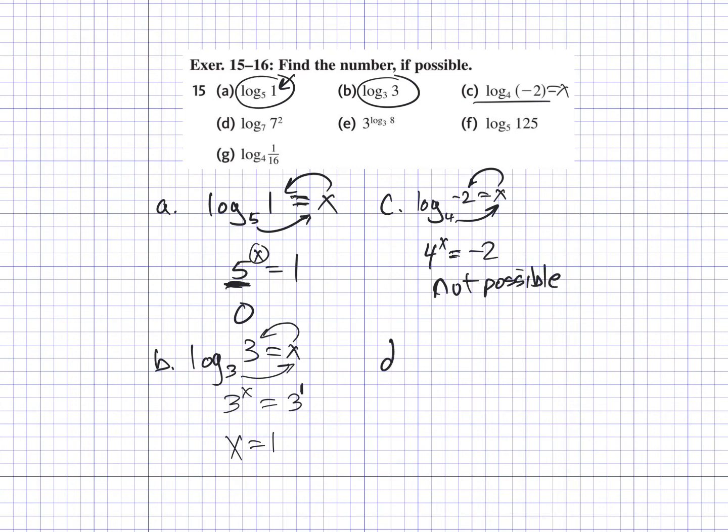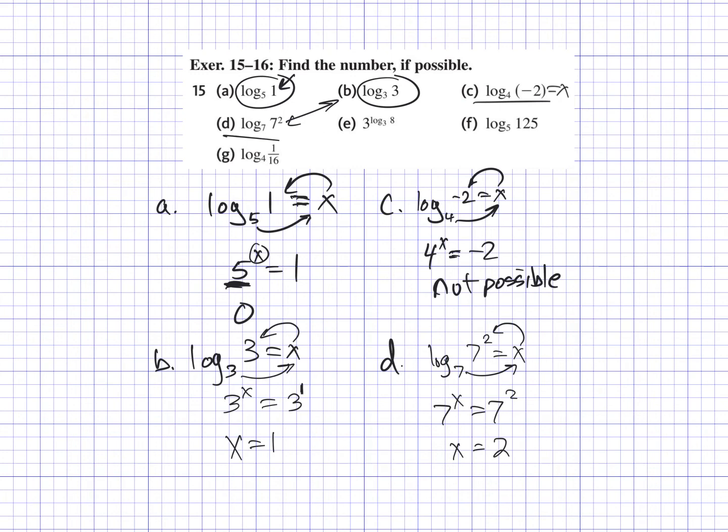Okay, now D. D is a lot like B, so I want to use these two to help you understand something. So we have the log base 7 of 7 squared is equal to some answer. So the base to x, 7 to x, is equal to 7 squared. The bases are the same, so x is equal to the exponent.